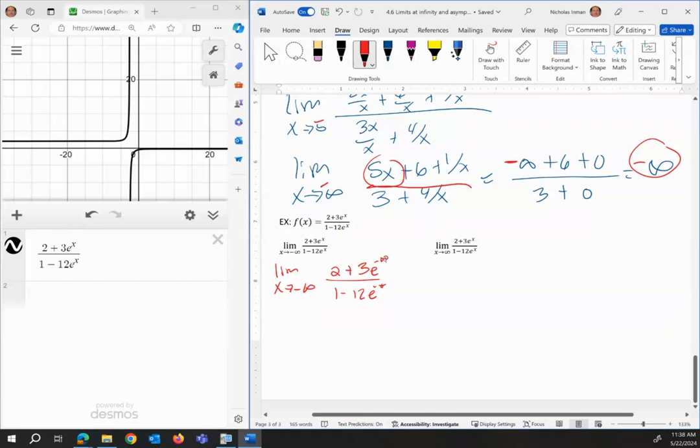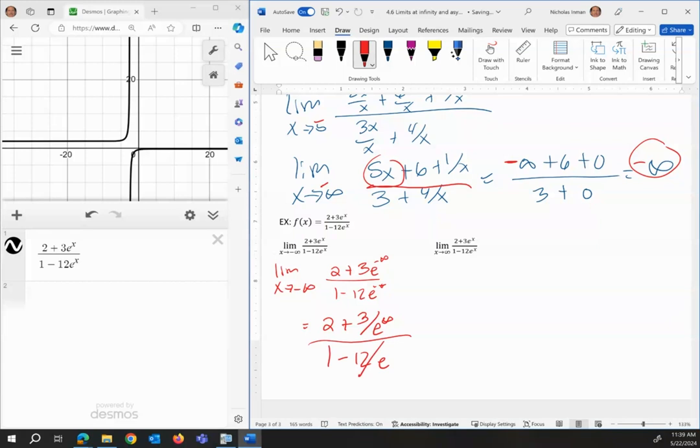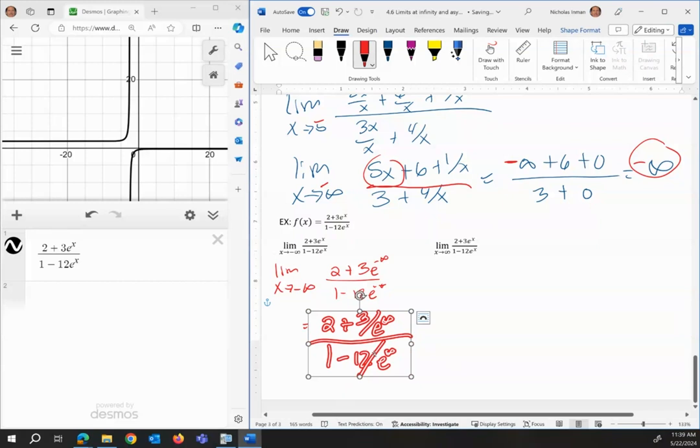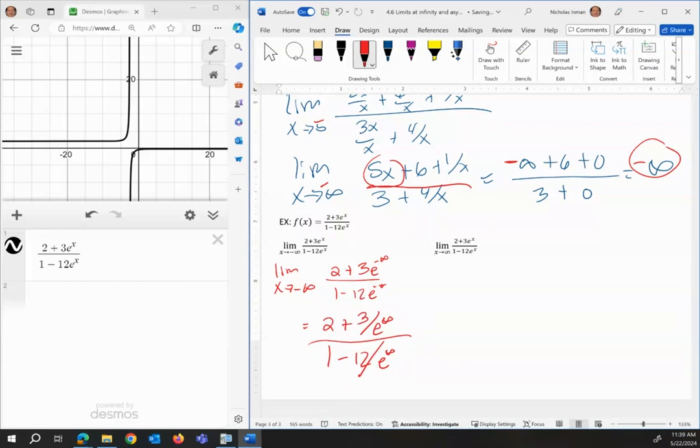What happens to negative exponents? Well, we should know they move to the bottom and become positive. Same thing here, this e to the negative infinity becomes a fraction. It moves to the bottom of that fraction and it becomes positive.